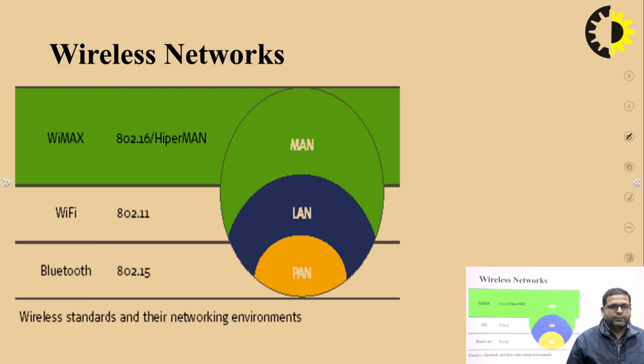Wi-Fi is used for local area networks, and Bluetooth, which is popularly known as 802.15, is used in personal area networks. So, it is clear from this diagram that WiMAX has a wider coverage as compared to Wi-Fi and Bluetooth technologies. All these technologies are wireless technologies.